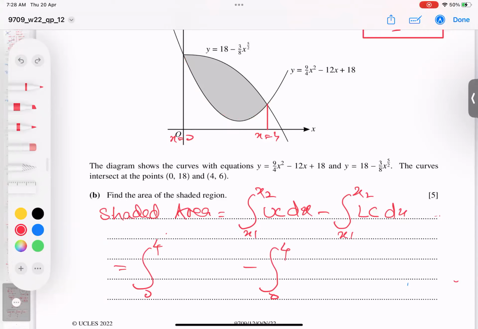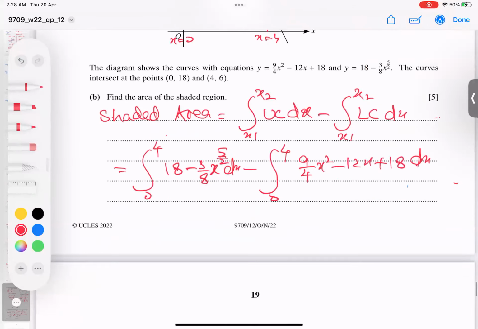So from the full curve area, subtract the white area, and I will get this shaded area. I hope that's clear. 18 minus 3 over 8 x to power 5 by 2, dx. Let me recheck. Correct. And this limit with this curve equation will come here: 9 over 4 x to power 2 minus 12x plus 18, dx.